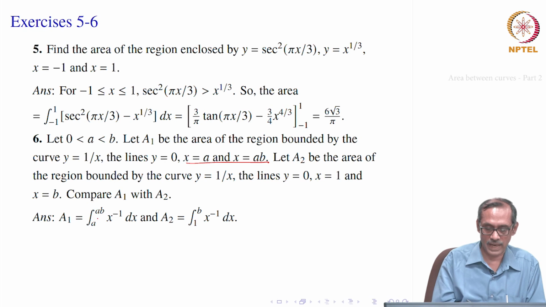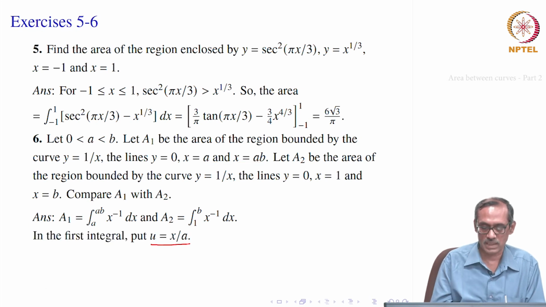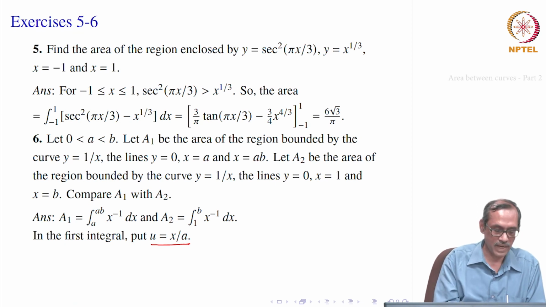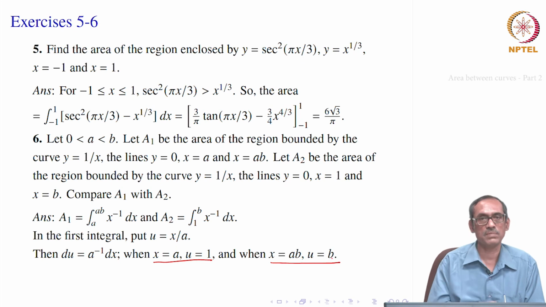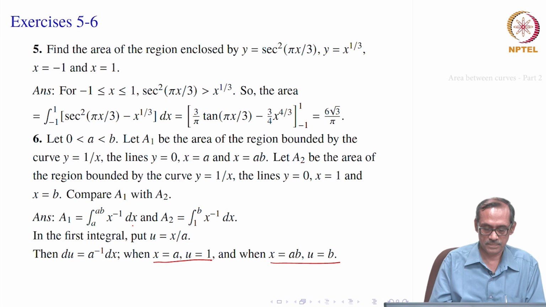So, since the limits are a and ab, and some a is multiplied here, we have to put a substitution. Let us put the substitution u equal to x divided by a. Here x is varying from a to ab. So, if you take u equal to x by a, then when x equal to a, u becomes 1, and when x equal to ab, u becomes b. But in that case, what happens to the differential?